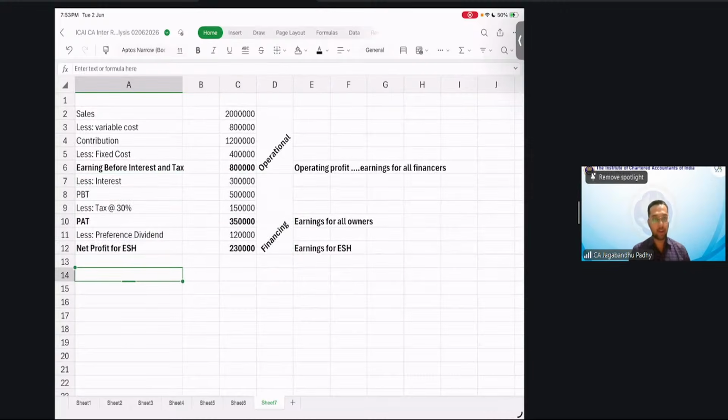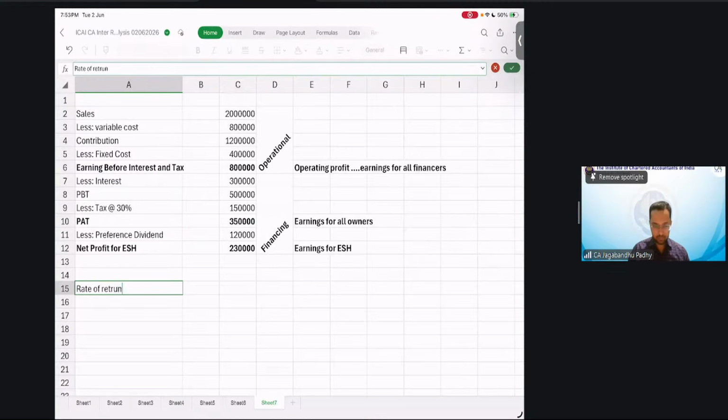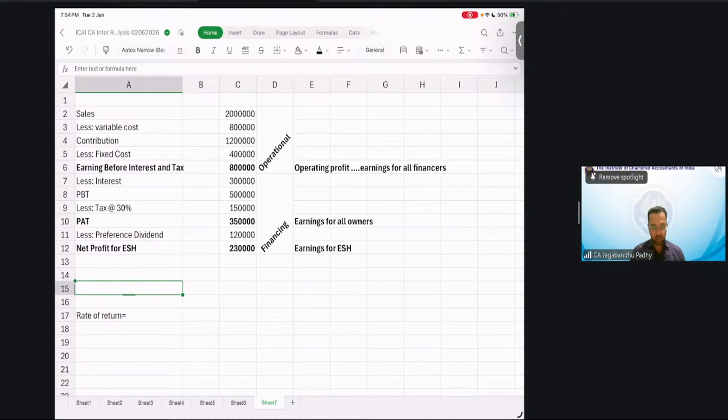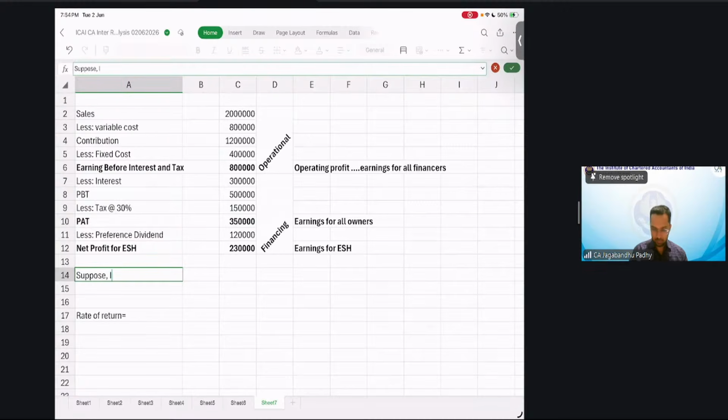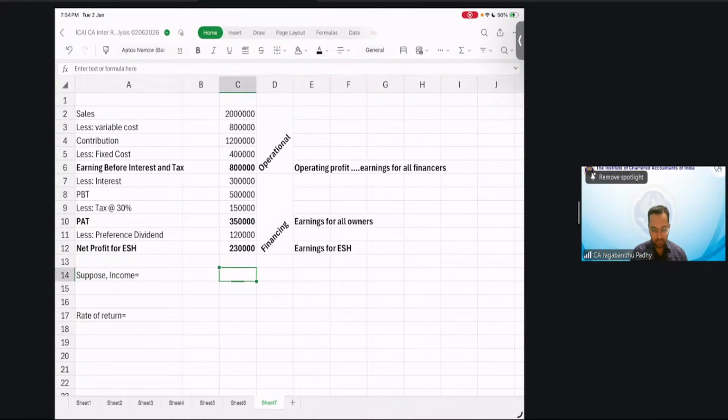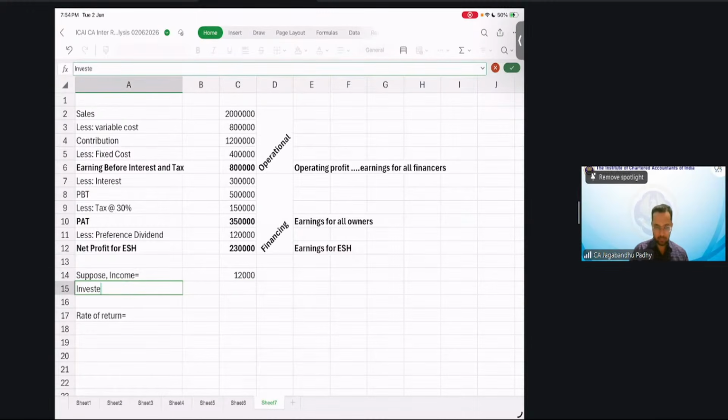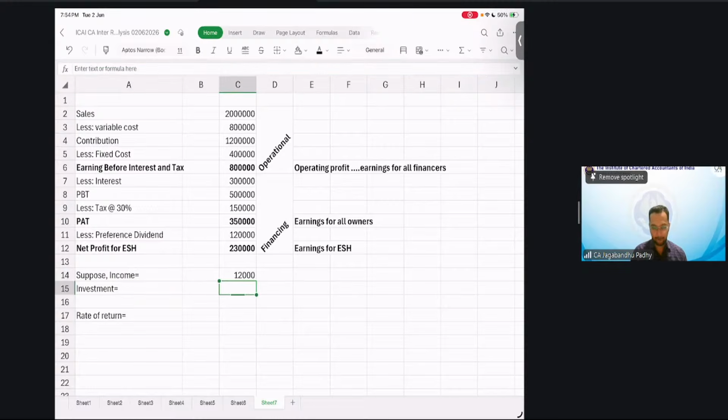Now we're interested in calculating something called the rate of return. Suppose I tell you that you earned an income of 12,000 on an investment of 1 lakh.